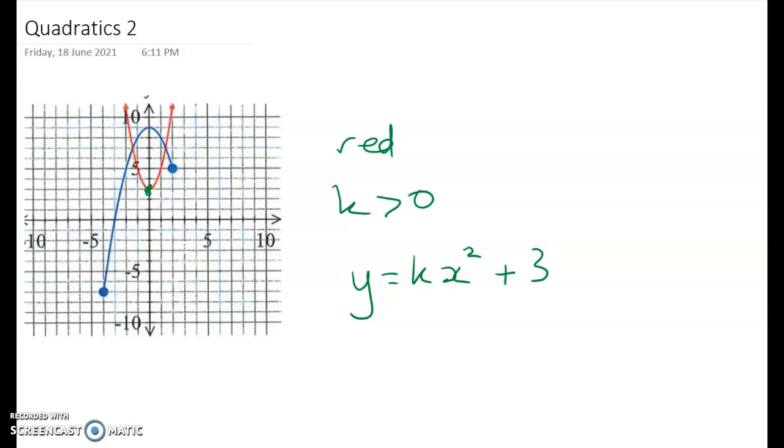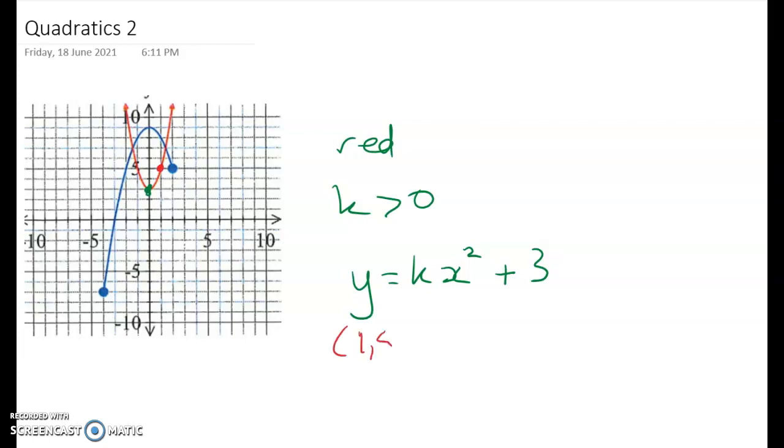Now, if you want to go really slowly with that, you could write it out like this: k, and then you've got x minus 0 squared plus 3. But we don't need to worry about that, right? It's basically my very beginner one that I saw first back in year 10 that's been shifted up. Now we need a point. So let's use this point here.